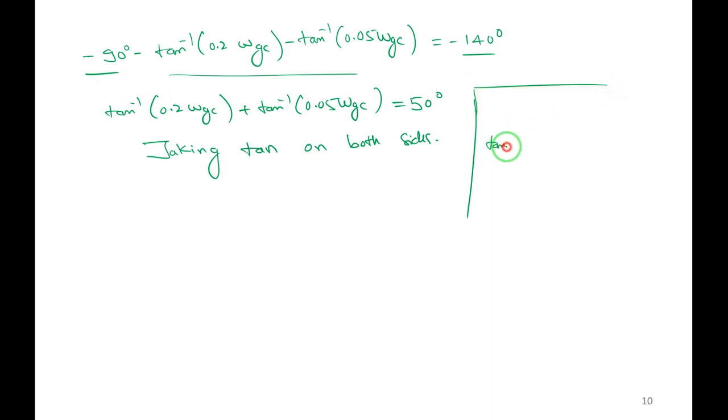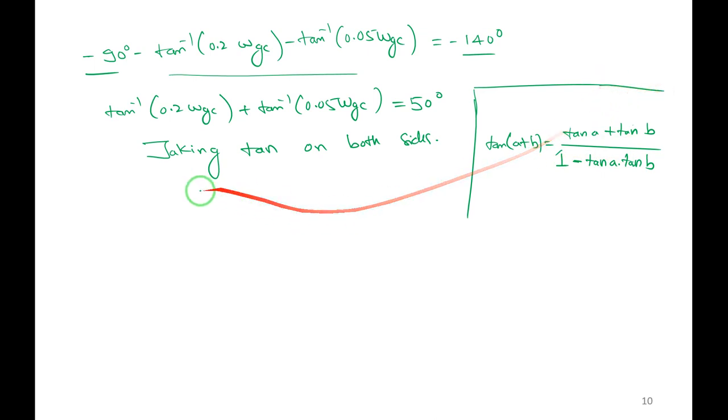Tan of A plus B is tan A plus tan B divided by 1 plus or 1 minus? 1 minus. 1 minus tan A into tan B. So tan of A plus B is equal to tan A plus tan B divided by 1 minus tan A into tan B. Right? We will apply this formula taking tan on both sides.